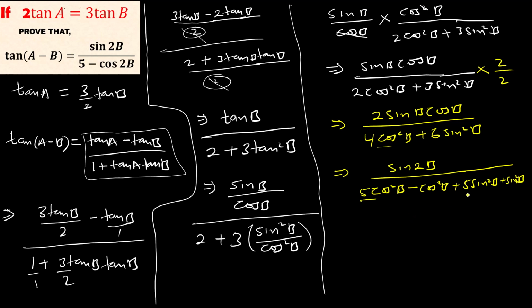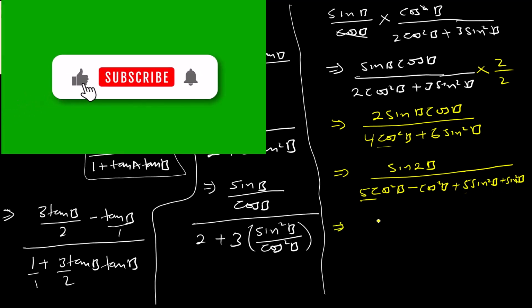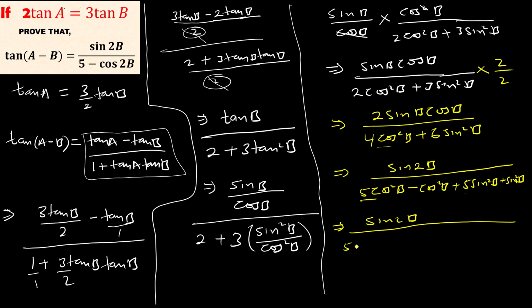We have 5 cos squared B, then 5 sin squared B. So we have sin 2B on 5 cos squared B plus 5 sin squared B, minus, so let me put this in a bracket, (cos squared B minus sin squared B). Okay, now when you go back, you get the same thing.